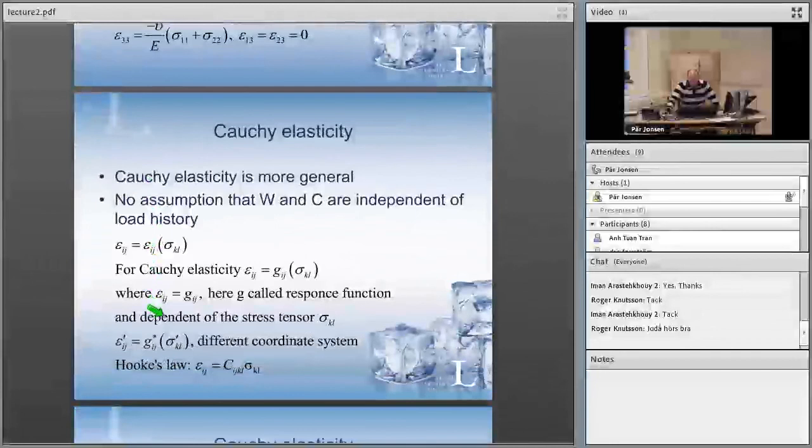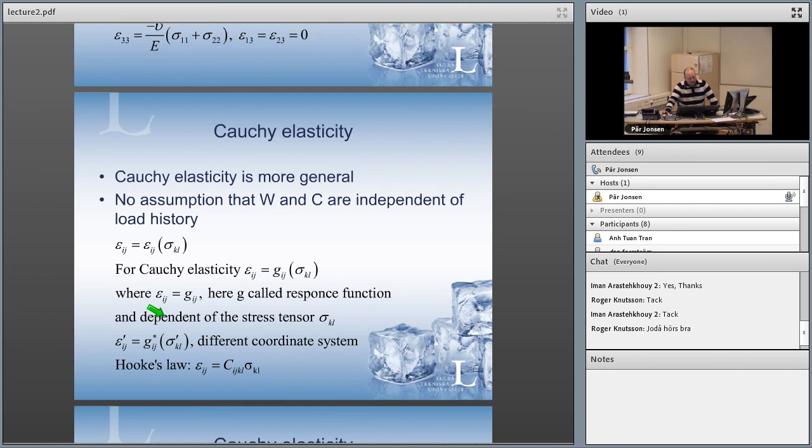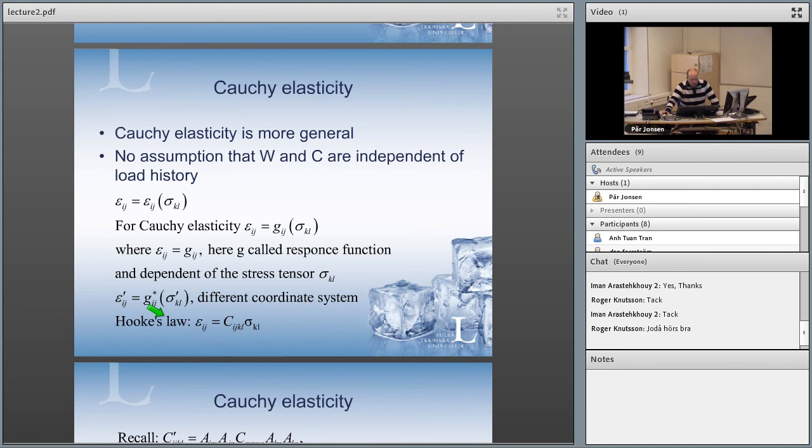Okay, Cauchy elasticity. This is a little bit more general assumption for the stresses. You don't necessarily have an independent load history, because you can take care of these problems with having different kinds of load paths for your material.